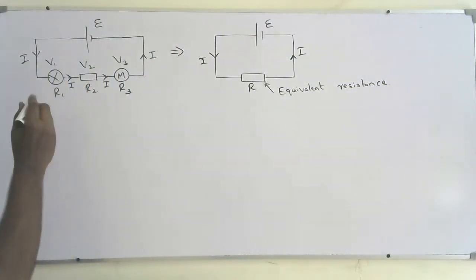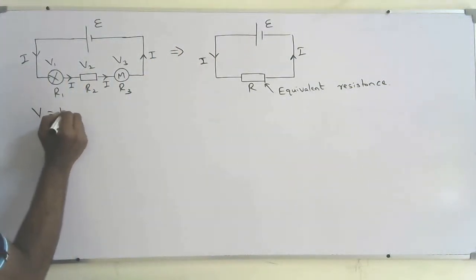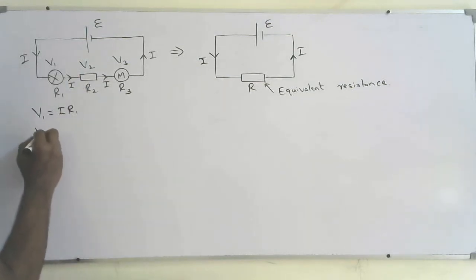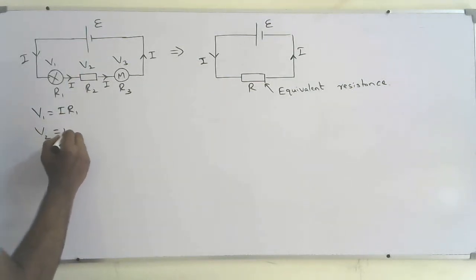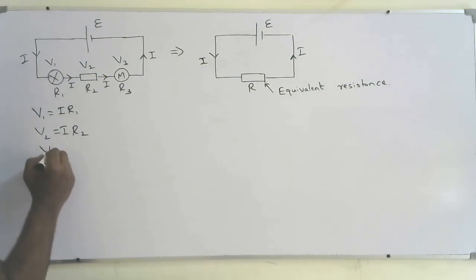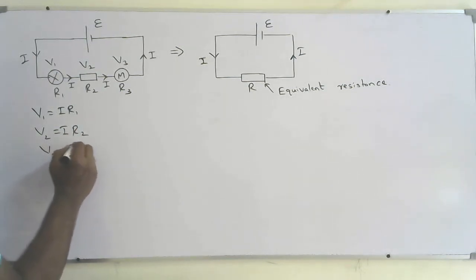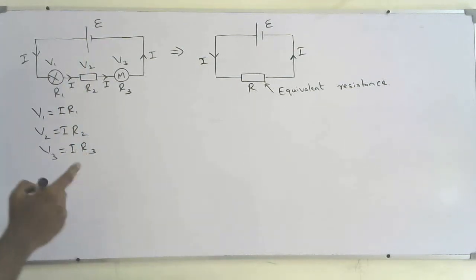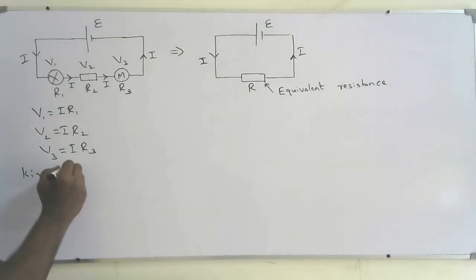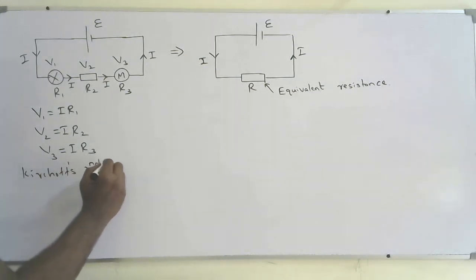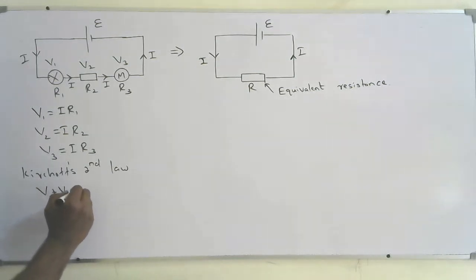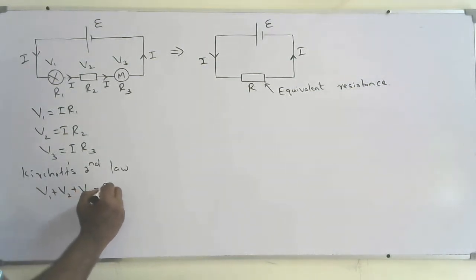So I can say V1 is equal to IR1 if I use V equal IR for the bulb. For this one, I can say V2 is equal to IR2. Same way, V3 is equal to IR3. I know that according to Kirchhoff's second law, V1 plus V2 plus V3 equal to EMF.